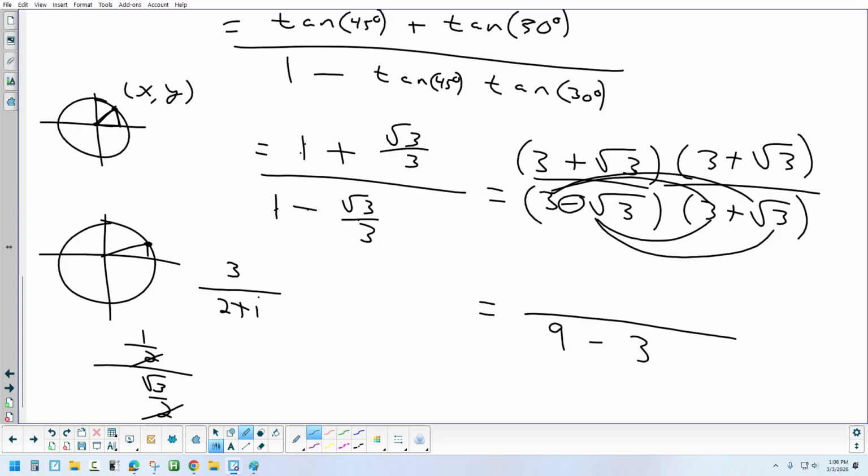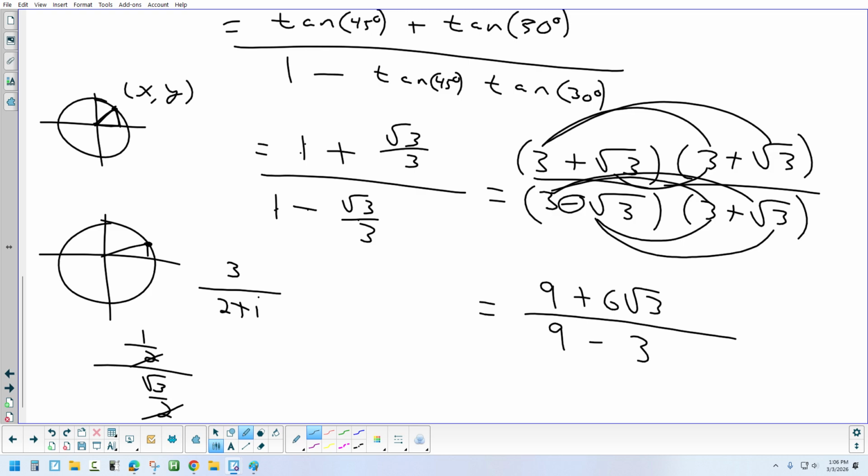Okay, and now in the top, we're going to do the same thing, but it's not going to cancel. So we get 3 times 3. What's 3 times root 3 plus another 3 times root 3? Yep, 6 root 3.